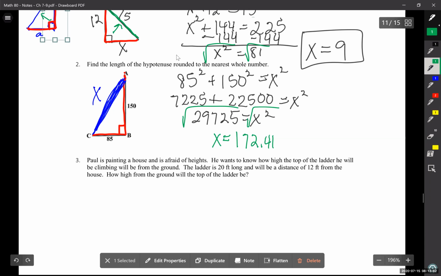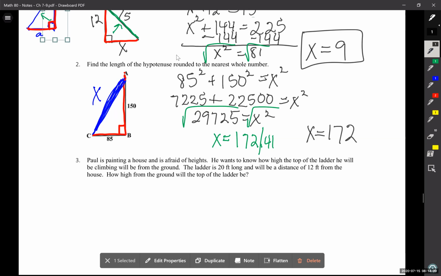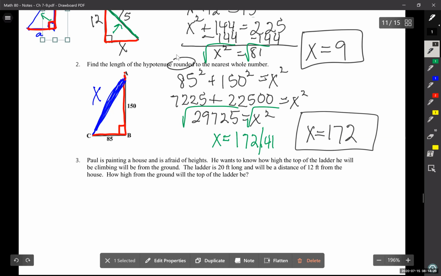So rounding that to the nearest whole number would be 172. It did not say centimeters, it did not say inches, it just had numbers. So I'm going to leave my answer as that number. So again, if you do this on your calculator and you get decimals, don't even worry about it. It was expected because it said to round in the question.